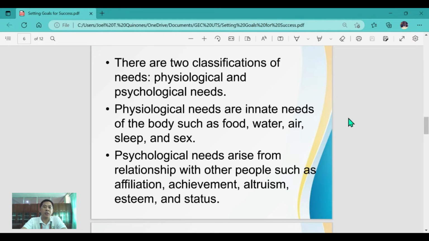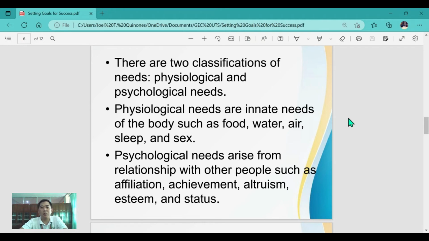Psychological needs arise from relationship with other people, such as affiliation, achievement, altruism, esteem, and status. Ang pinakaalam na alam natin ngayon na psychological needs is mental health, which is also a very rampant issue today since many are into understanding really what is mental health and how to address mental health issues.